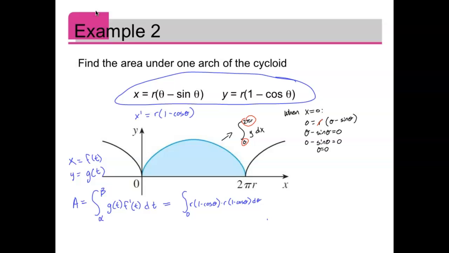My upper limit, when x equals 2 pi r, I have 2 pi r equals, same thing, r times theta minus sine theta. The r's divide out. And I get, theta minus sine theta equals 2 pi.